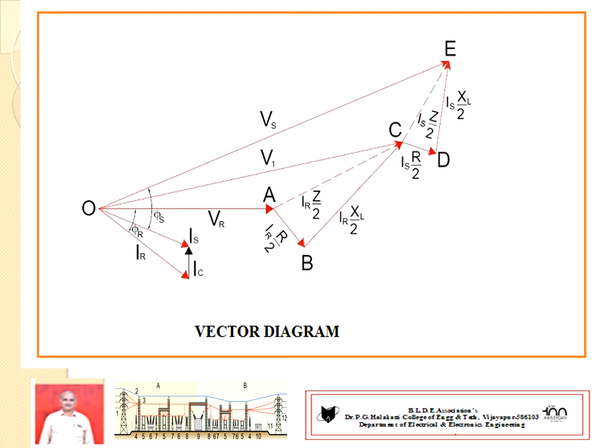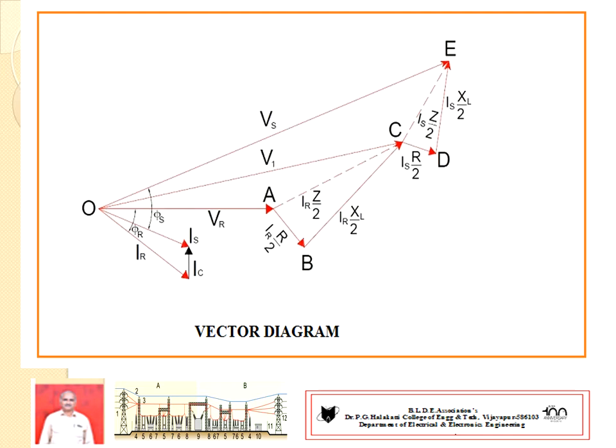Then similarly, from Vr to IR is the angle phi r. You draw the line 90 degrees to Vr, which gives the capacitance current. As already known, the capacitance current IC leads Vr by 90 degrees, because IC equals j omega C into V1.